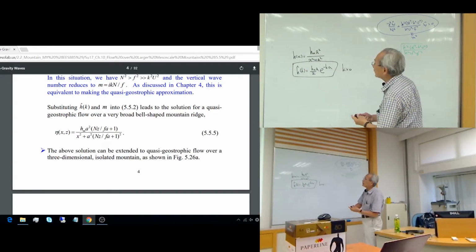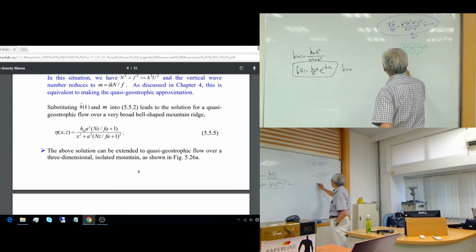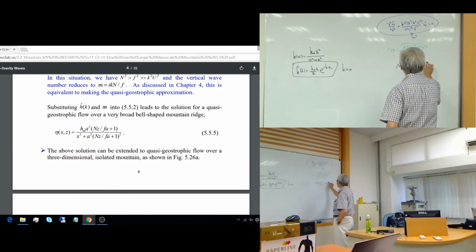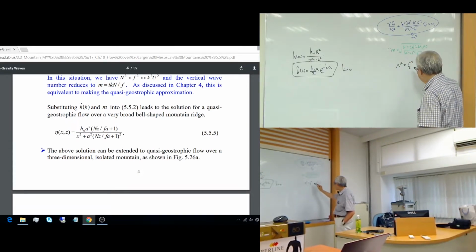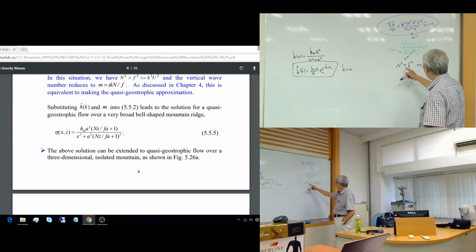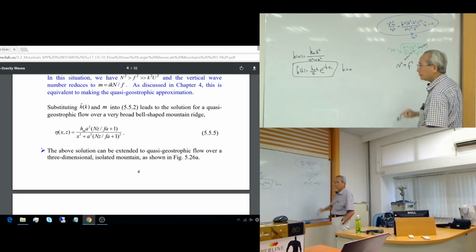So in this case, we have n squared greater than f squared, much greater than k squared u squared. That means when f is compared to k squared u squared, this is almost 0. And n squared is also much greater than k squared u squared, so this is almost 0.